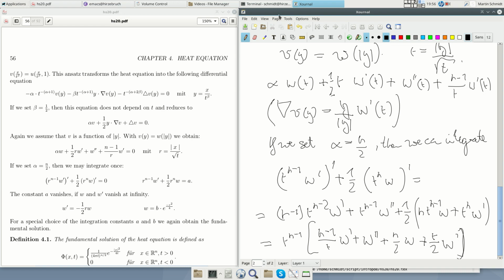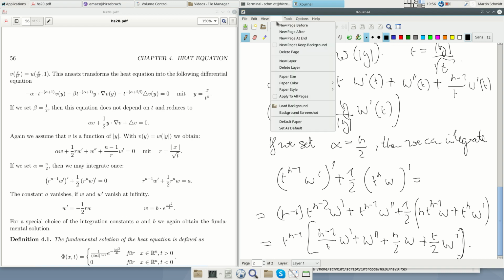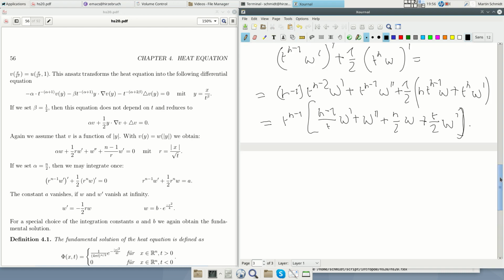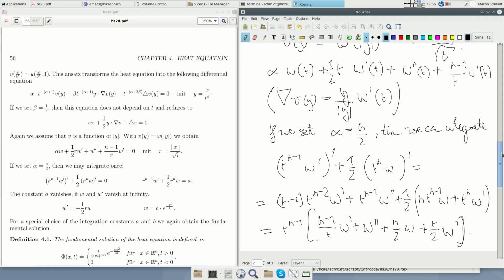Yeah, so we may write, for alpha n/2, the equation, so the derivative here is 0, so it's constant.